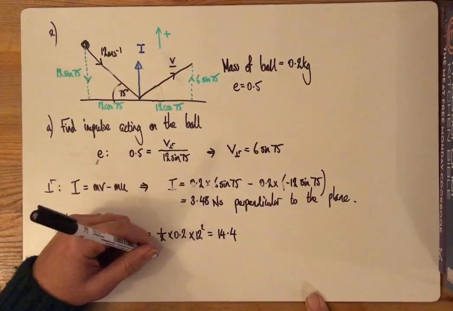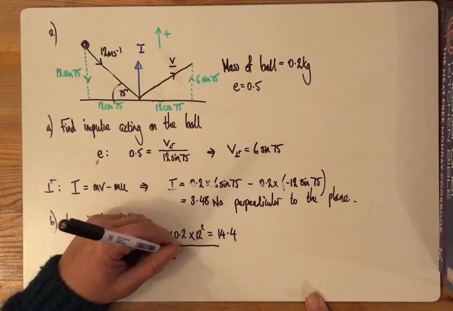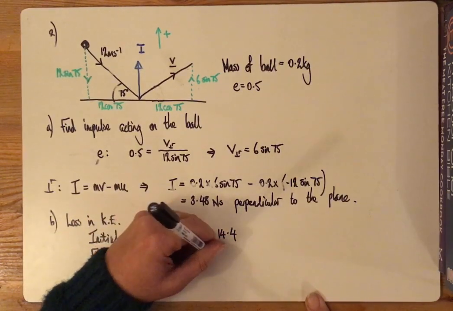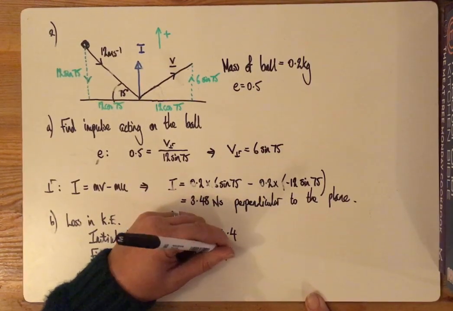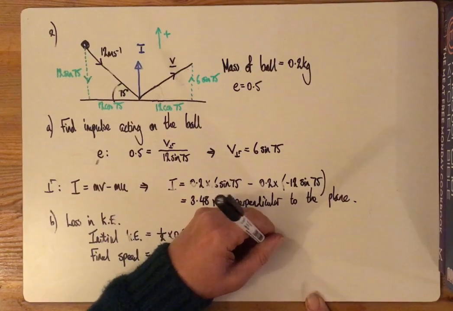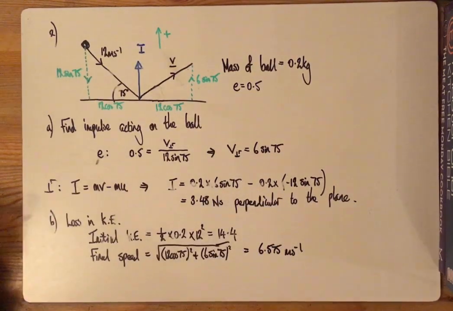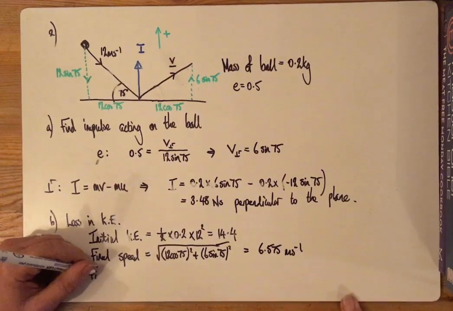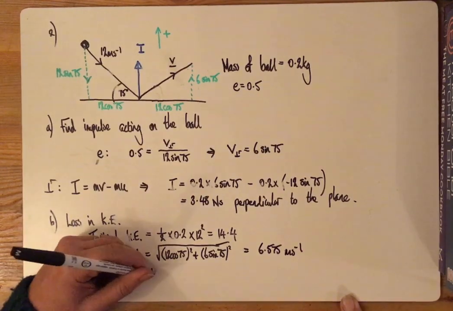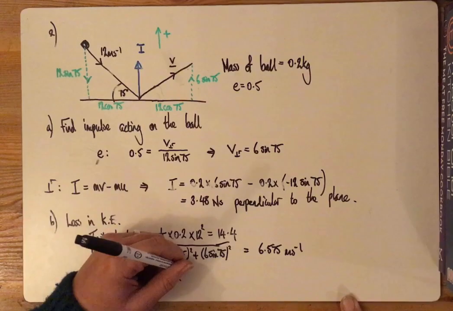The final speed is equal to the square root of 12 cos 75 squared plus 6 sine 75 squared. And that's obviously a calculator answer button type scenario. It takes us to there. And so the final kinetic energy is equal to a half mv squared.